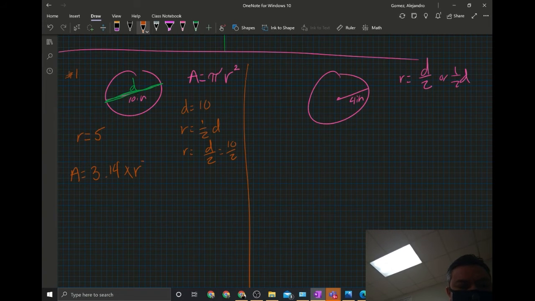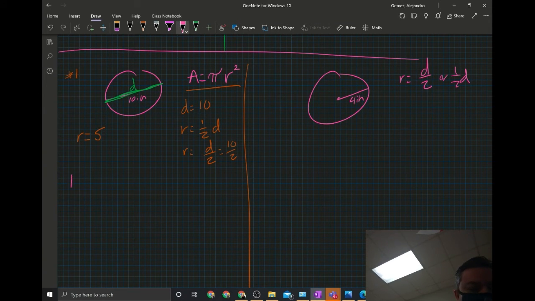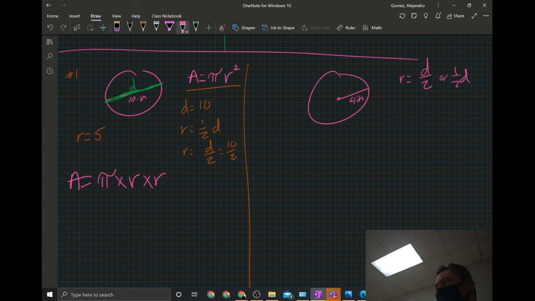times radius squared. Now, whenever you're given the formula for area of a circle, this is what I want you to do. This is the formula, but I want you to rewrite it. You're going to write down area equals pi times radius times radius. That way you will not make a mistake.